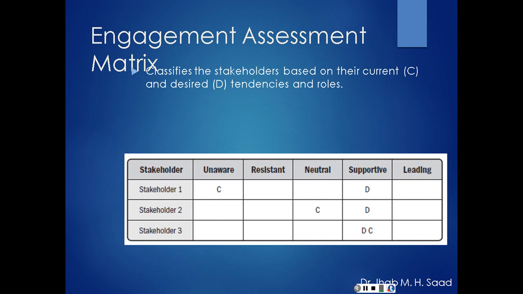We want them to be supportive of the project. Therefore, what kind of actions are we going to do to move them from one column to another? You definitely do not want to move a neutral to resistant, or move anyone into resistance. So you have to take care of your actions to make sure that no one becomes resistant as a reaction to an action that you have performed.